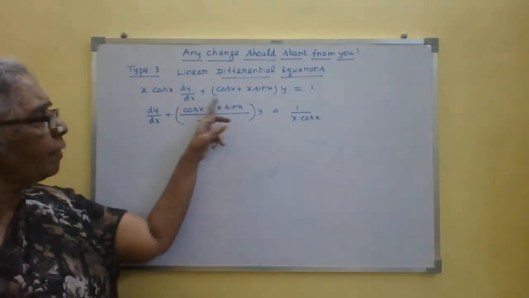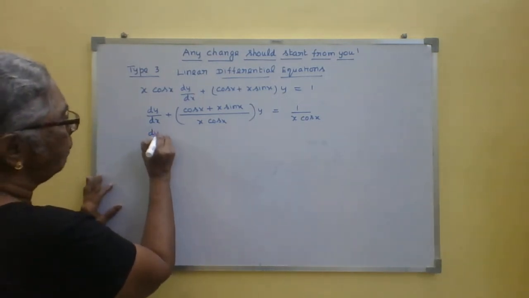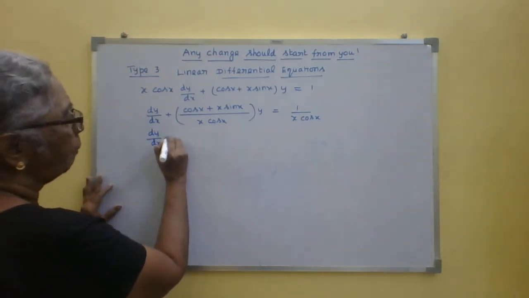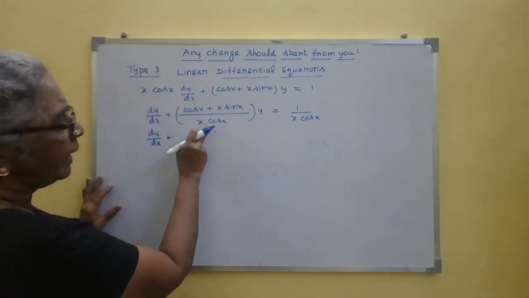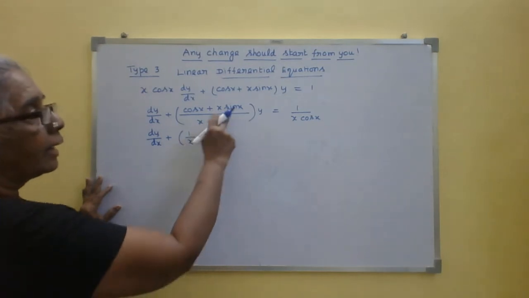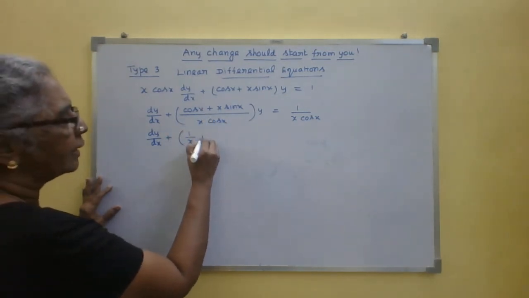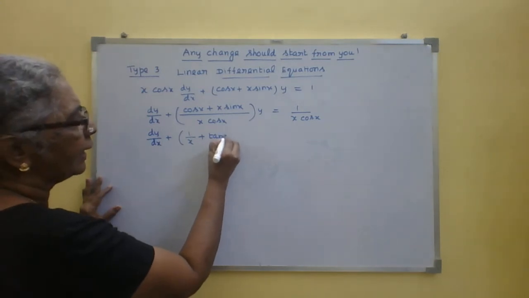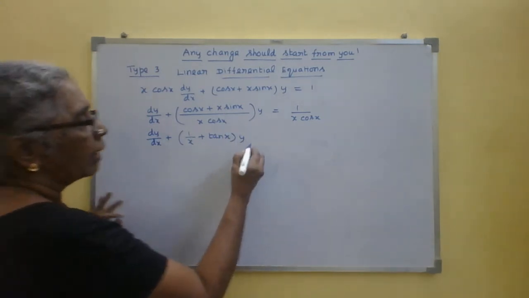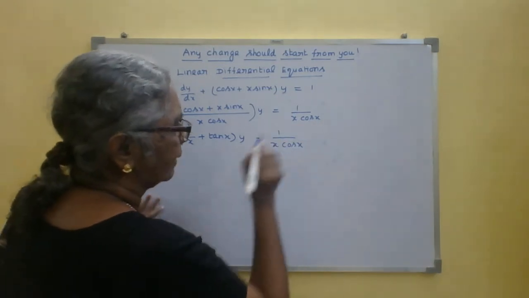But let me simplify it a bit and then I will write my p. So one more step: dy by dx plus cos x by x cos x gives 1 by x. x sin x by x cos x, the x gets cut and I get tan x. Then y is equal to 1 by x cos x.